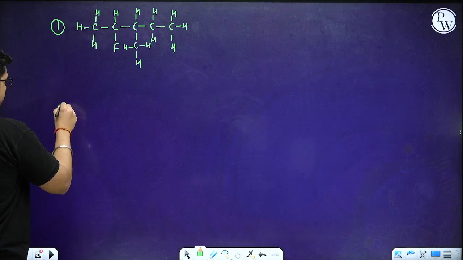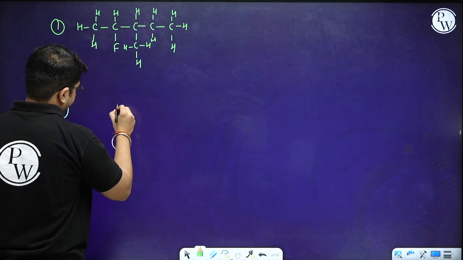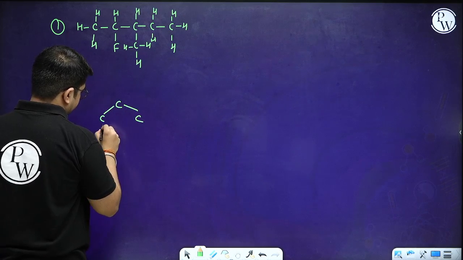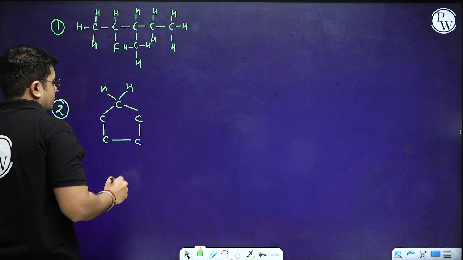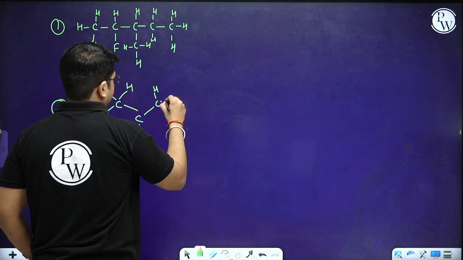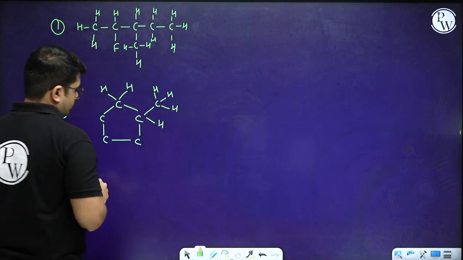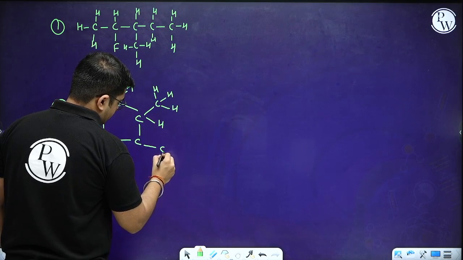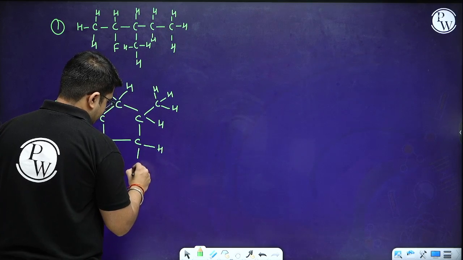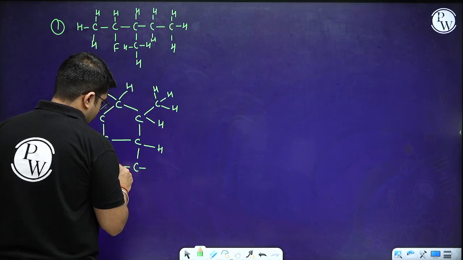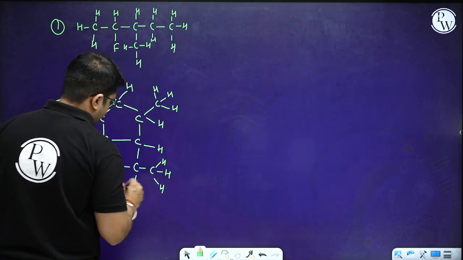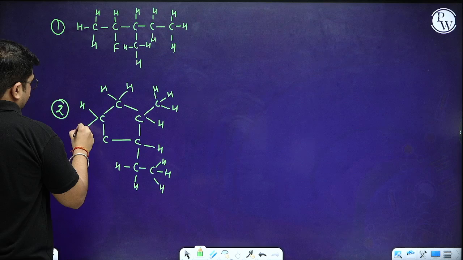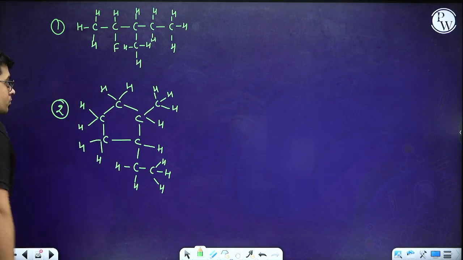Let's say this is the structure. Okay, let's try to decode this entire part.